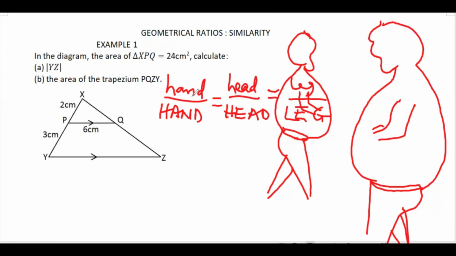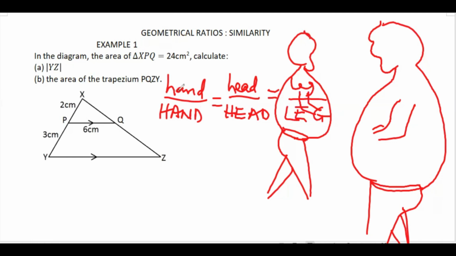So any part you pick on the son, you take as a ratio of the same part on the father, and the ratio will be equal.